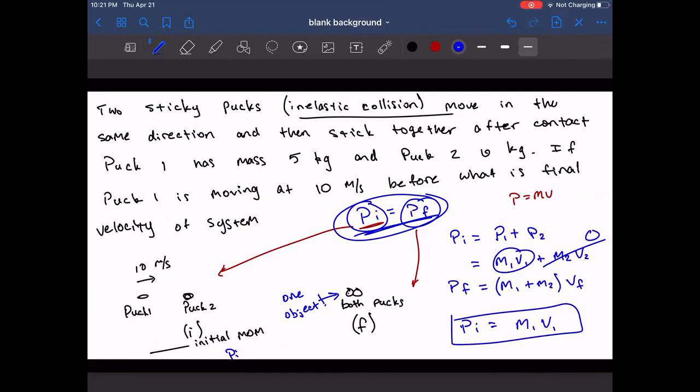And so again, you say, let's add up all the momenta. Let's add up each individual momentum. But like I just said, we just have one momentum because there's only one object. Well, P equals MV. We're using subscripts here, but the mass is M1 plus M2 because they're stuck together, right?